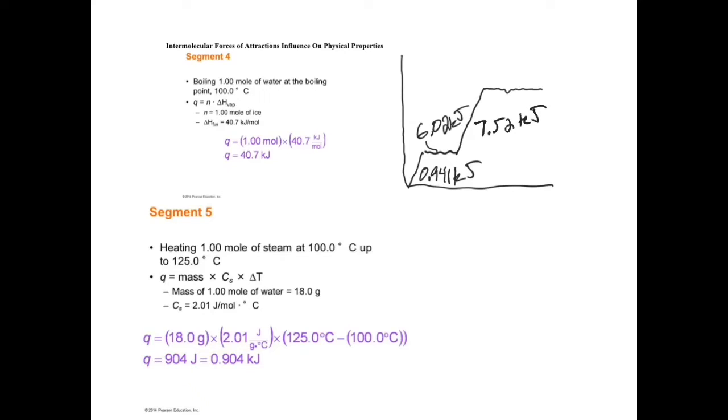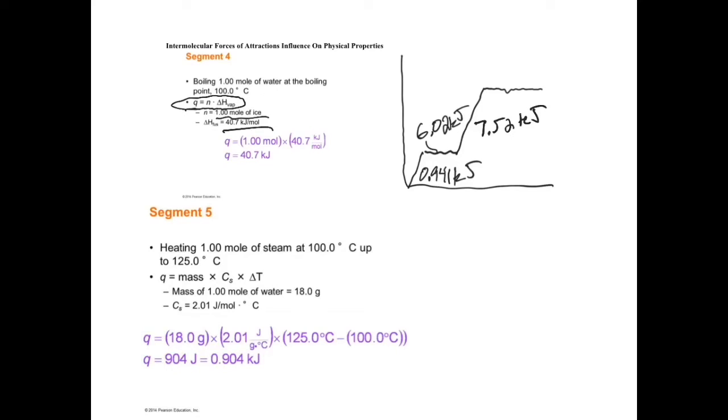And since this is boiling, for phase changes you're going to use a similar equation. The heat is equal to n, which is the number of moles, times the appropriate enthalpy. In the case of boiling, it's the enthalpy of vaporization. So we know we have 1 mole of ice, because that's what this is.